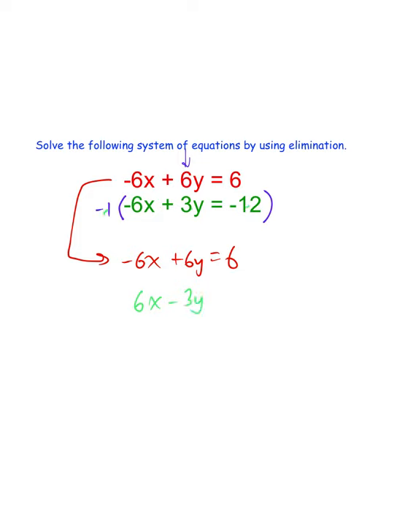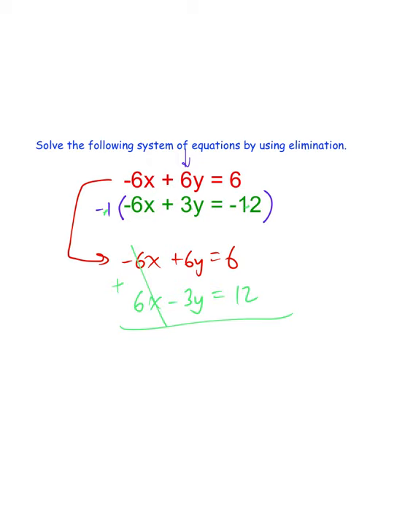And -1 times a -12 is a positive 12. So I haven't changed the actual result of that equation at all. I've just changed the sign of everything. So this will do nothing to change our final answer. It just allows us now to combine these equations, and now the x's are gone.